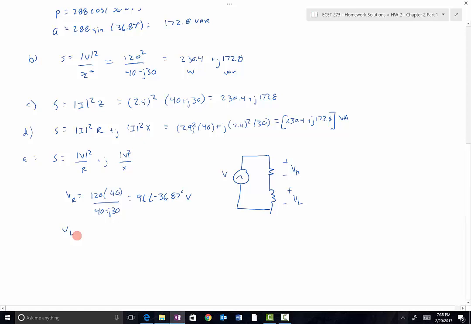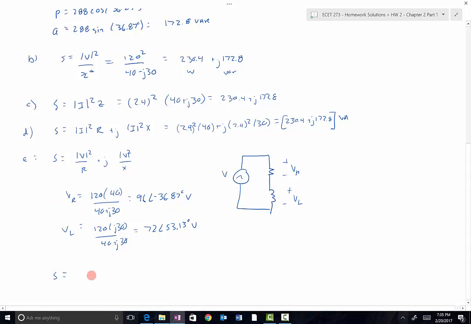We can solve for the inductor just by doing 120 minus that, or we could also do a voltage divider where we've got 120 times j30 over 40 plus j30. That's going to give me 72 at an angle of 53.13 degrees volts. If you add those two together, you should get 120 at 0 degrees. And so now we can solve for S.